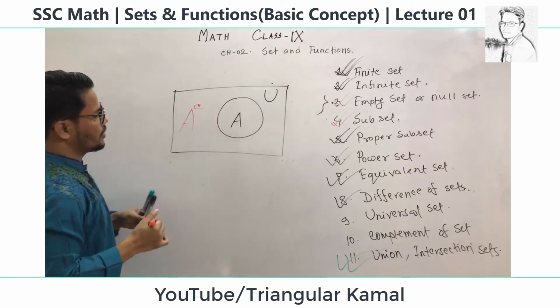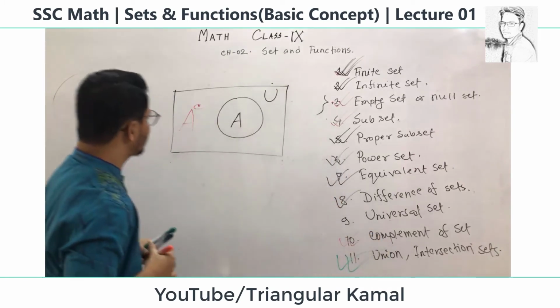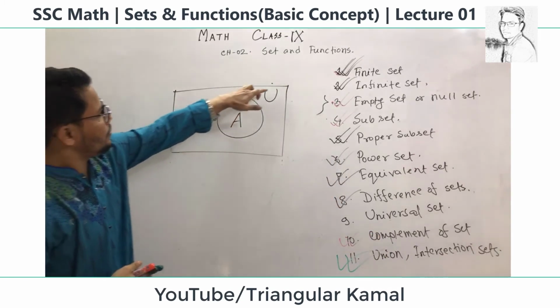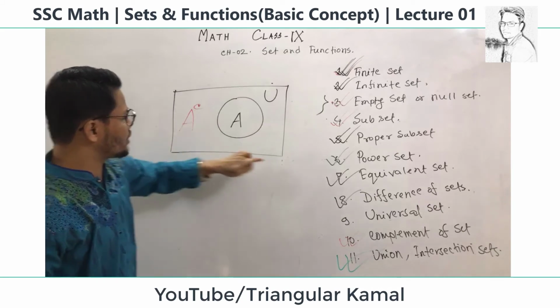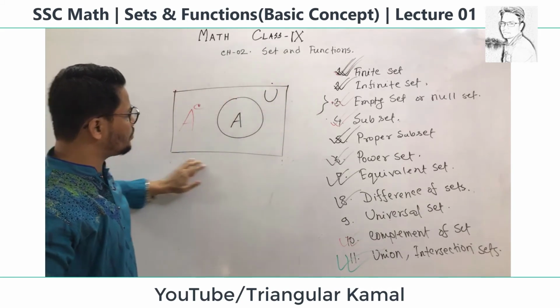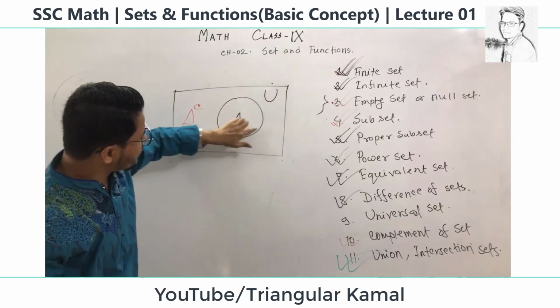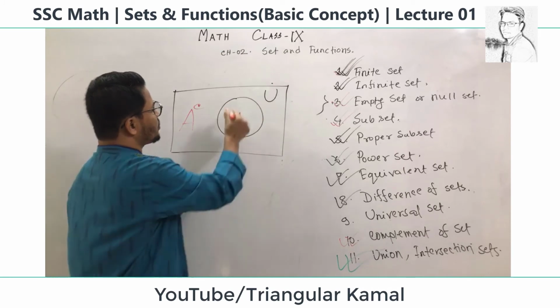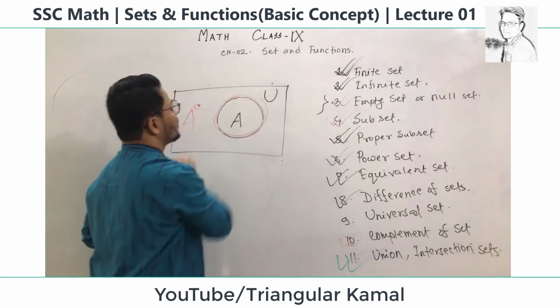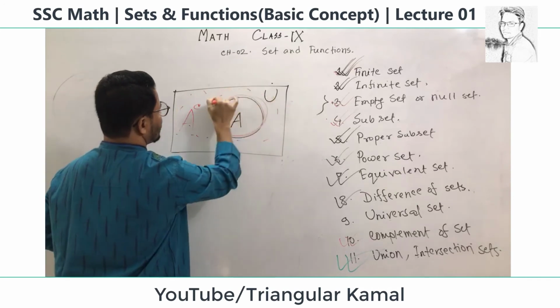So the complement set: if this is the universal set, the number of students in the scholarship school and college, but inside this circle they are the students of class 9, and the others are the remaining students.